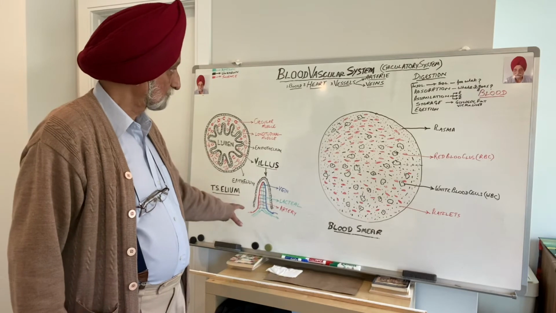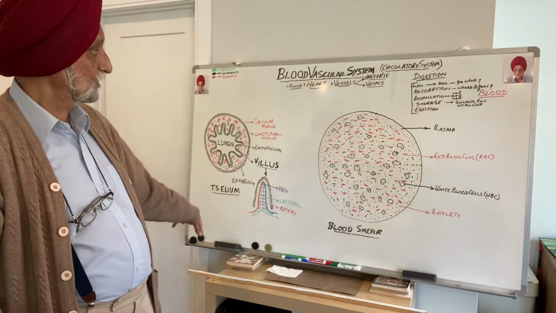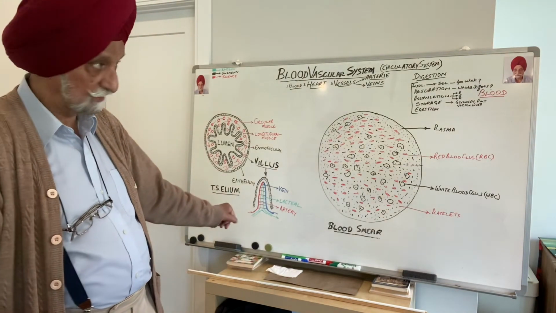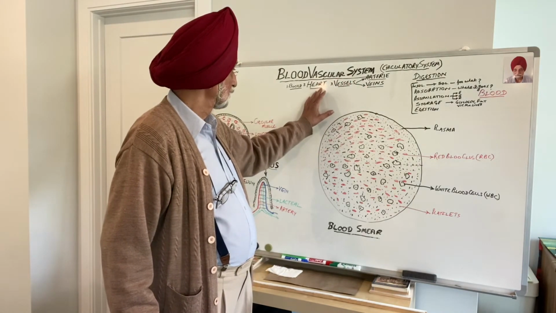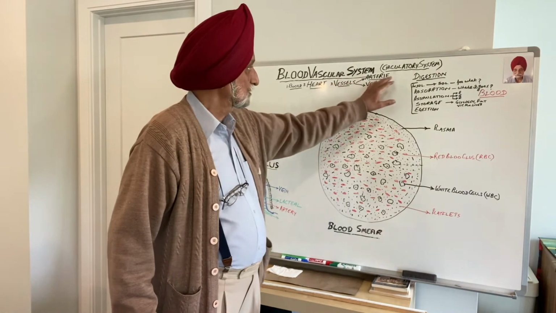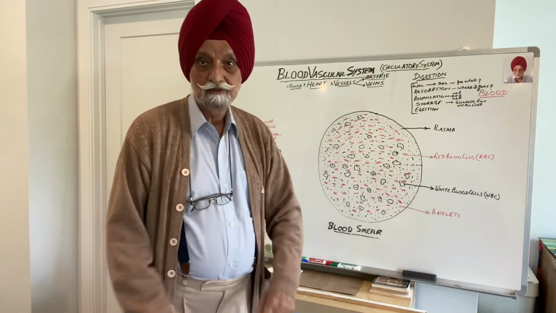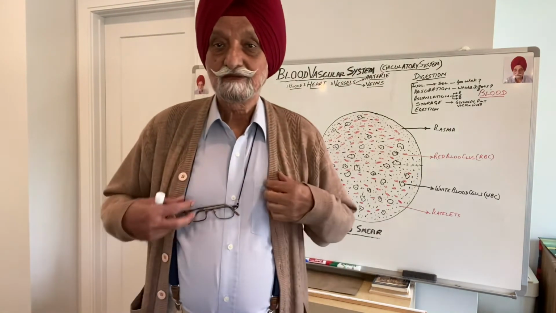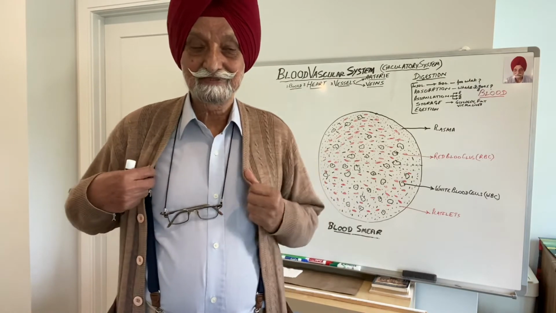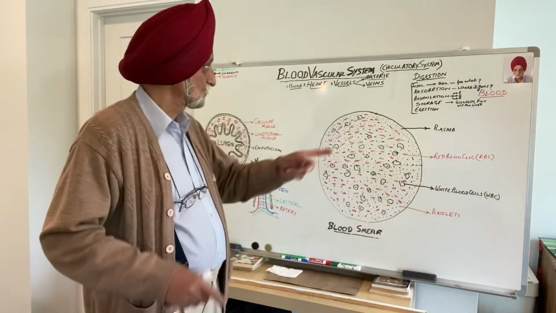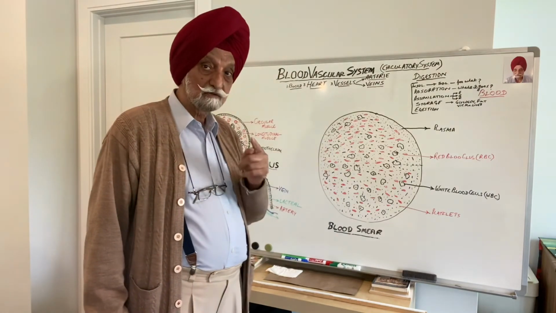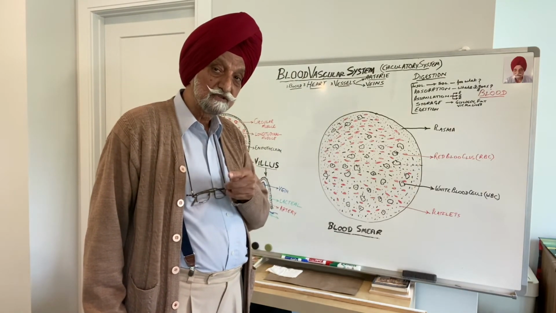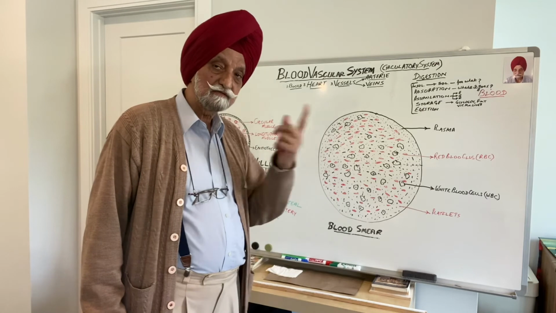This is how I was trying to connect today the digestive system with the blood vessel system or circulatory system. So, today's lesson is the blood vascular system, which is also called the circulatory system, because it circulates all those constituents of food in all parts of the body.